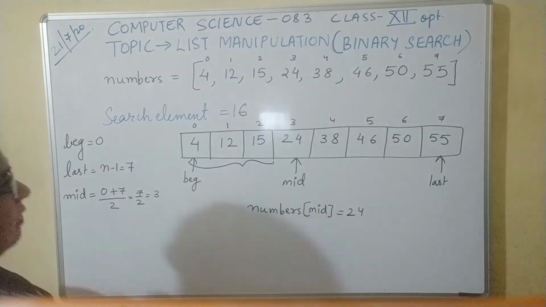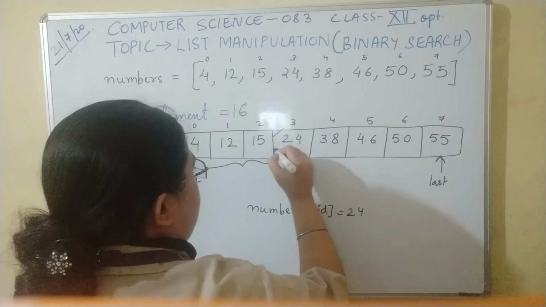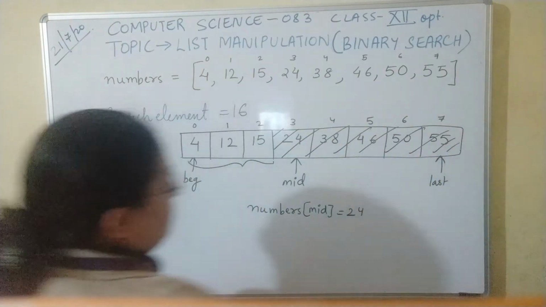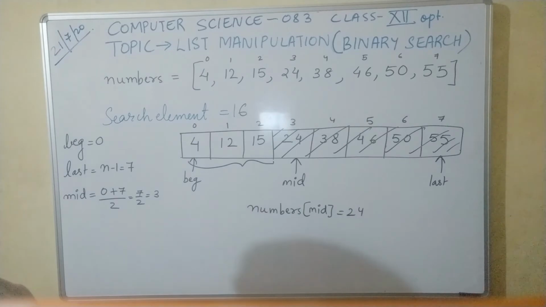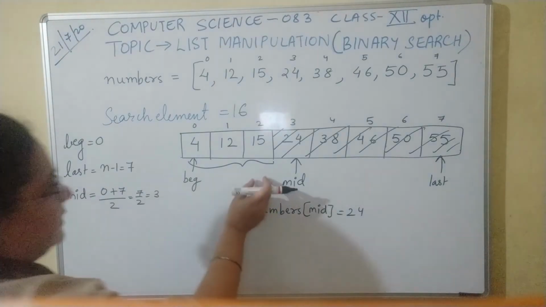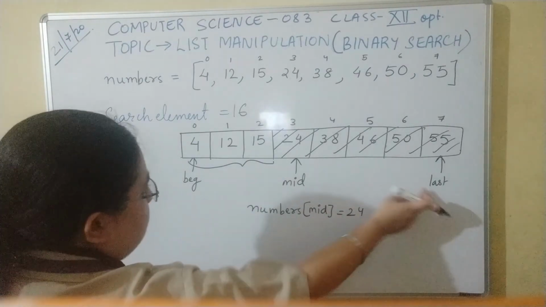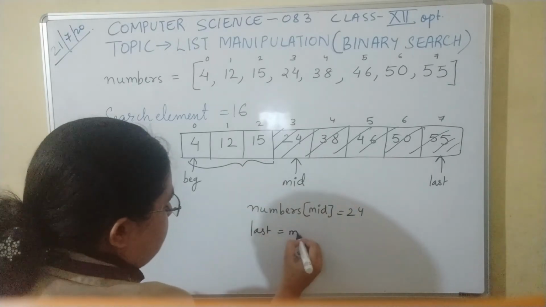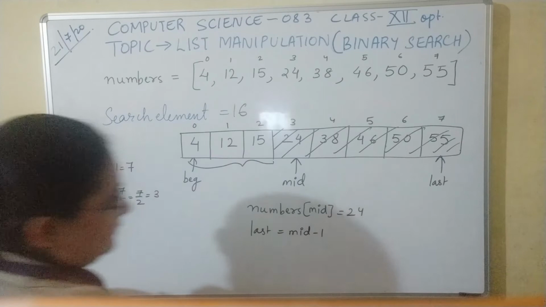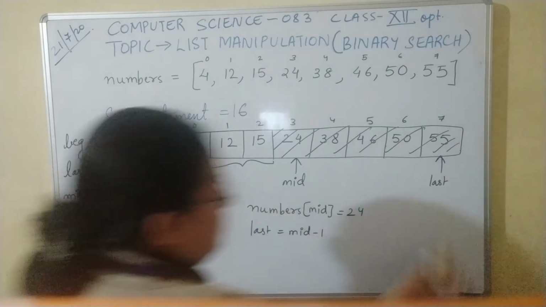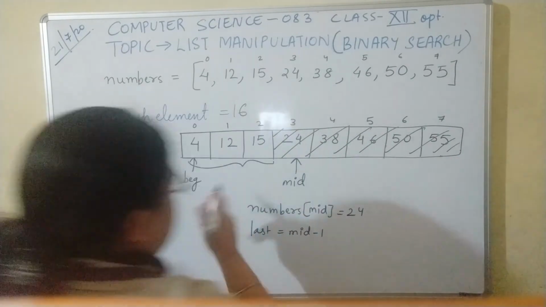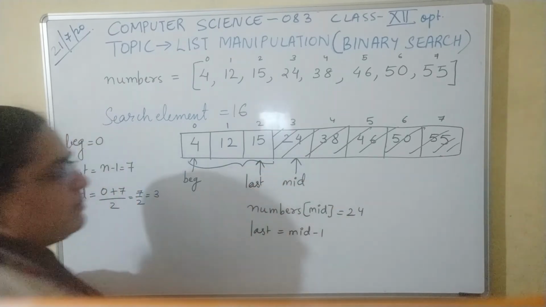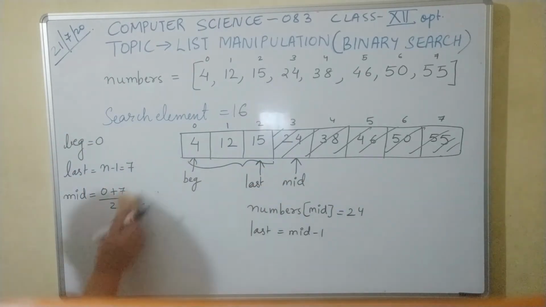Okay. So what will happen? This whole area will be shaded because we are never going to visit that area again. So now we are going to search over here. That means we need to set last as mid minus 1. So this last will be removed from here, and we will be having this last, which is mid minus 1. Let us calculate mid again.